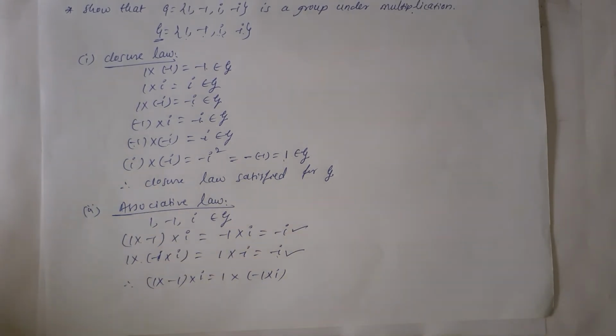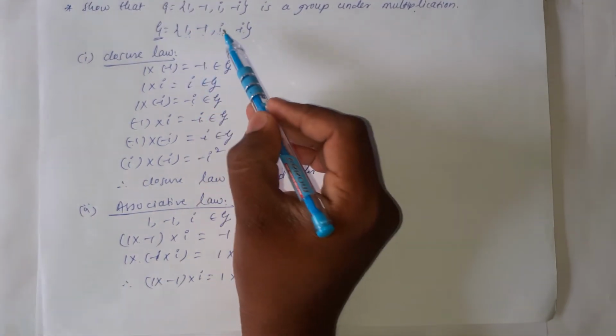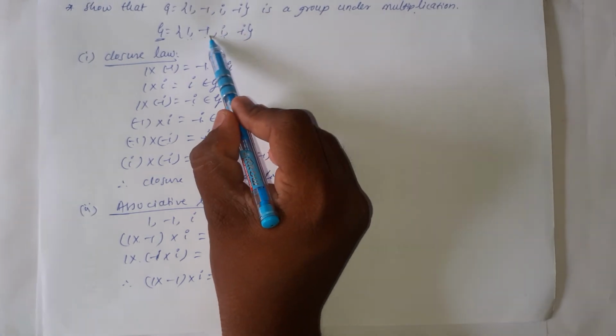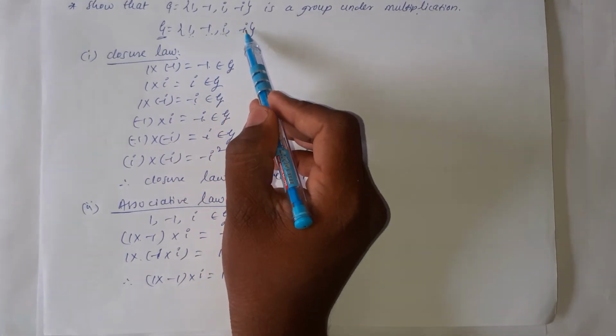Then we can verify by considering other 3 elements, like 1, minus 1, minus i, or plus i, minus 1, plus 1, or plus i, minus i, plus 1, or plus i, minus i, minus 1, or plus 1, minus 1, minus i.